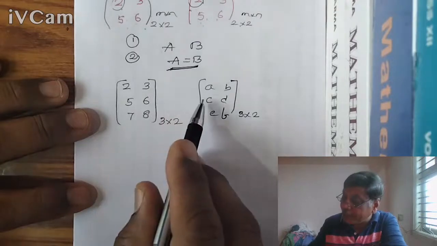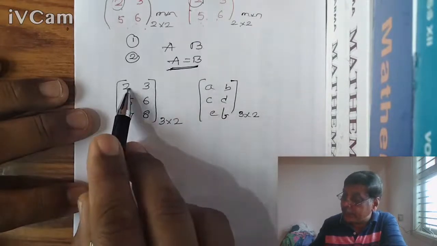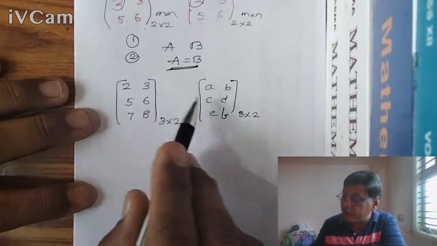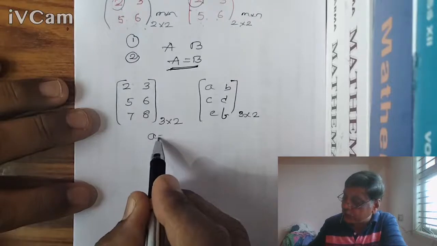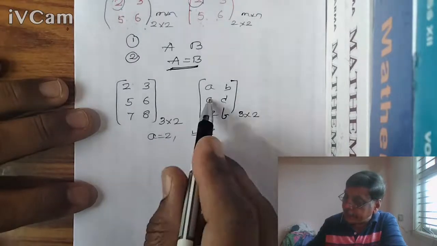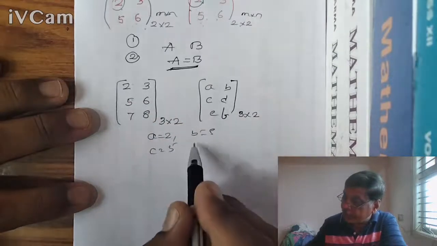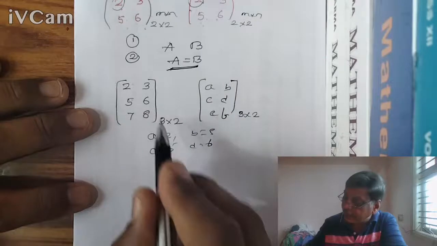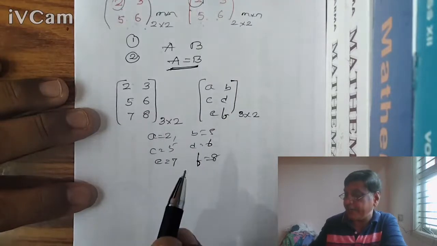Suppose these two matrices are equal, then the corresponding elements should be the same. I mean that a equals 2, b equals 3, c equals 5, d equals 6, e equals 7, f equals 8.